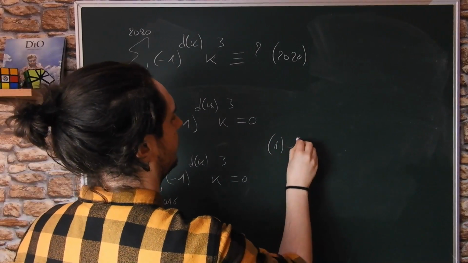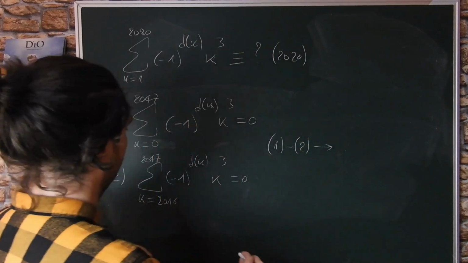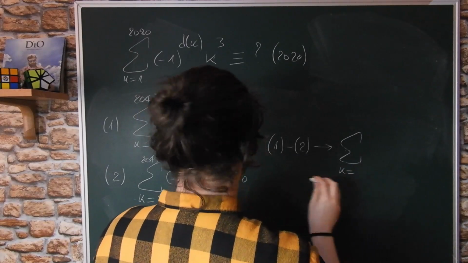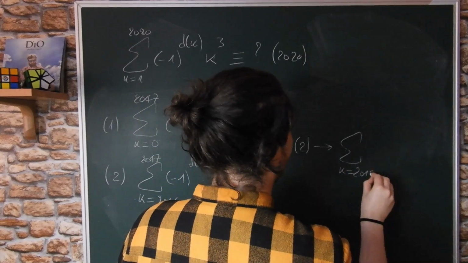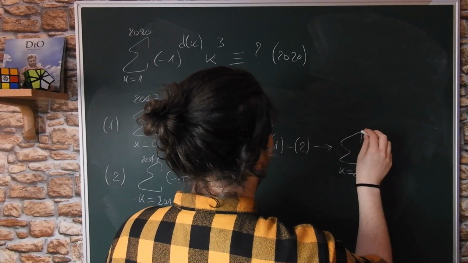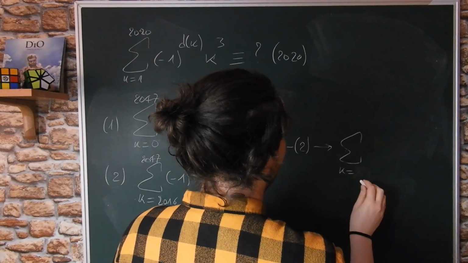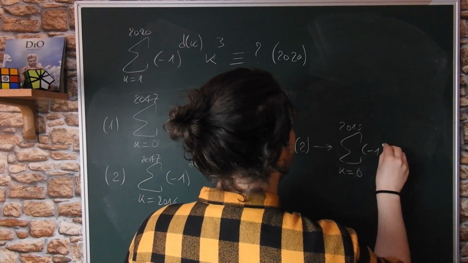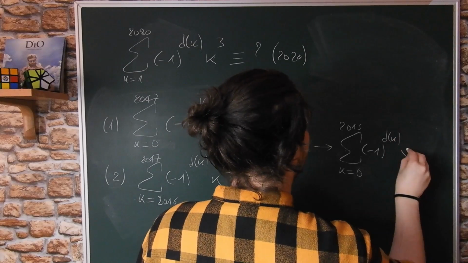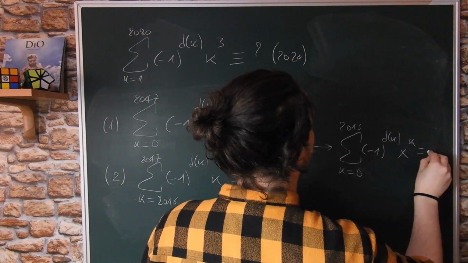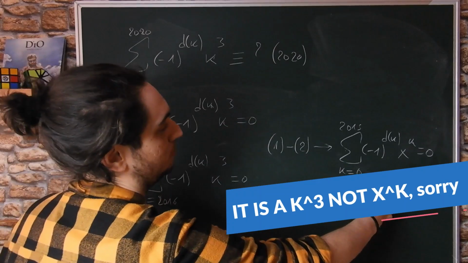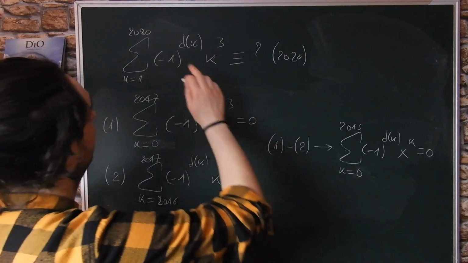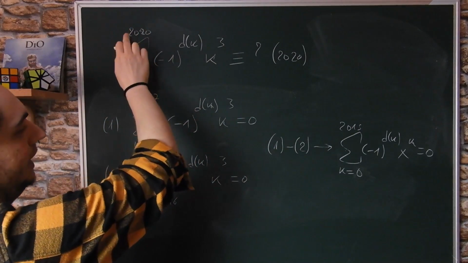So we have 1 minus 2, let me write here, and this will be the summation of k from 0 to 2015 this time, of minus 1 to the d, k times x to the k, equals 0. Now, this is pretty similar to this, but here we have 2015 and here we have 2020.